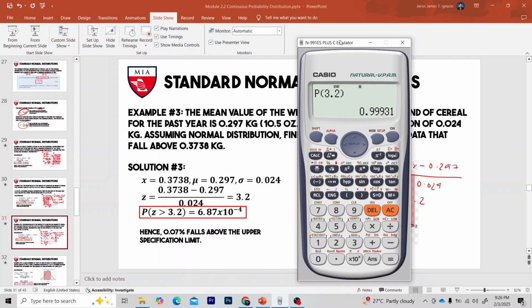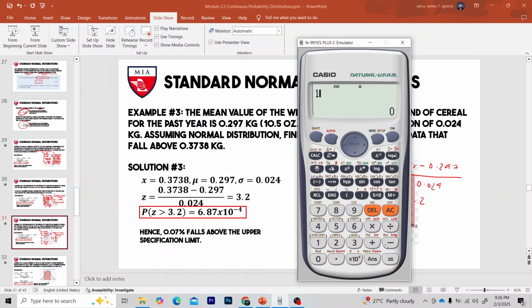In order for us to solve this problem, what process do we need to do? Let's see if we do this. Shift store A, so we stored the value.